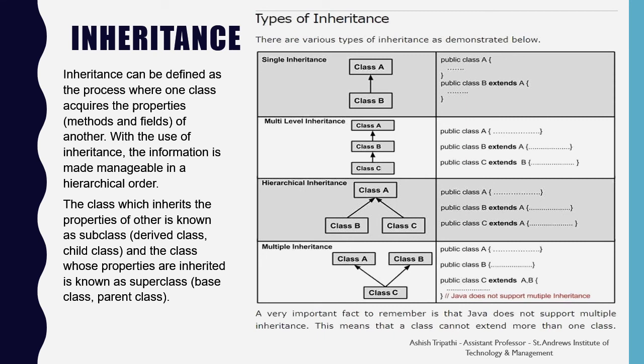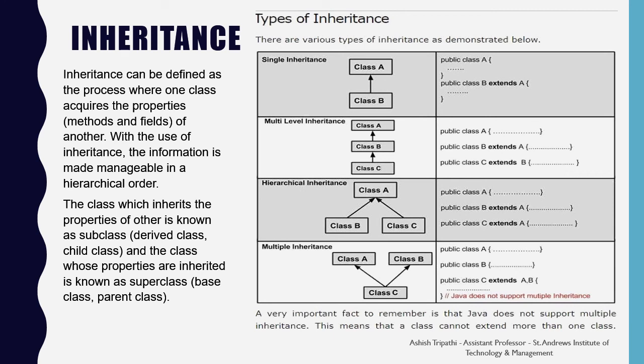There are different types of inheritance, like single inheritance, where there is only one parent class and one child class; multi-level inheritance, where there is a grandparent class called class A, which is inherited by class B and further derived by class C. In hierarchical inheritance, a parent class is inherited by more than one class.